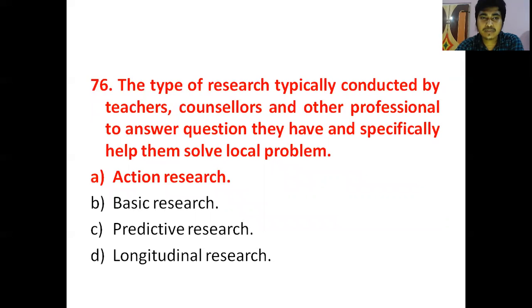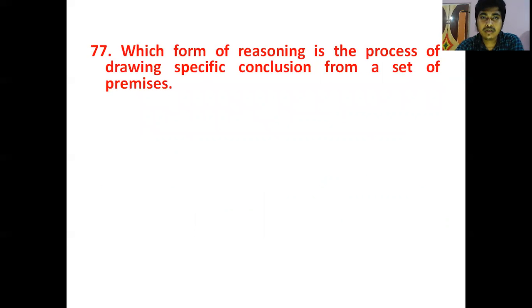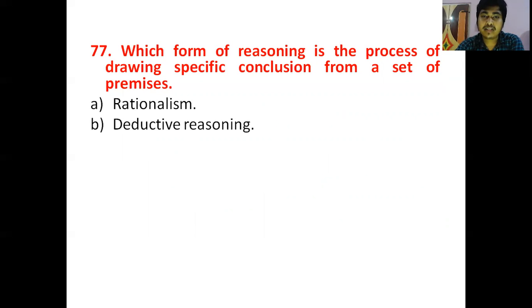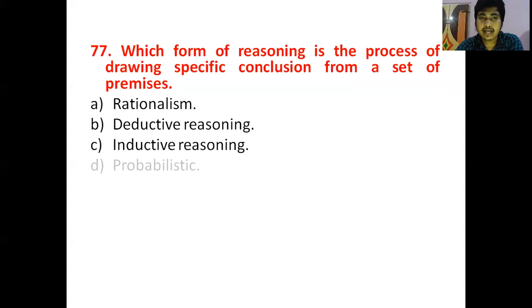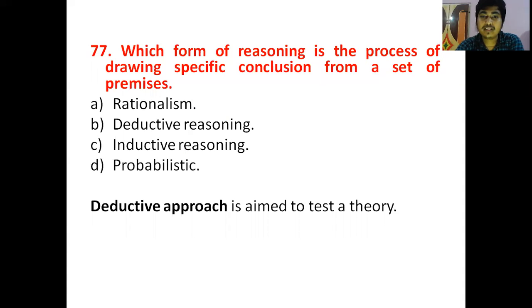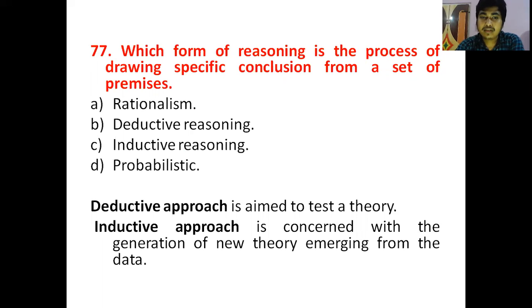The next question is, which form of reasoning is the process of drawing a specific conclusion from a set of premises? The options are rationalism, deductive reasoning, inductive reasoning, and probabilistic. The deductive approach aims to test a theory.